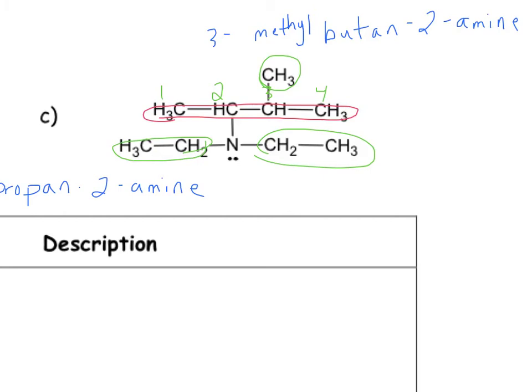These always go out in front of the name and do not follow alphabetical order with other alkyl groups attached to the main chain. I have 2 carbon chains, so those will be ethyl groups. Because I have 2 of them, I include the prefix di, and I would indicate that they are both attached to the nitrogen.